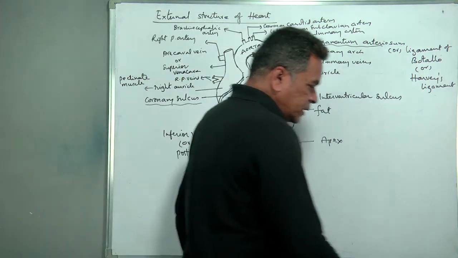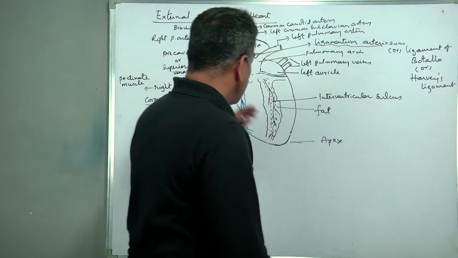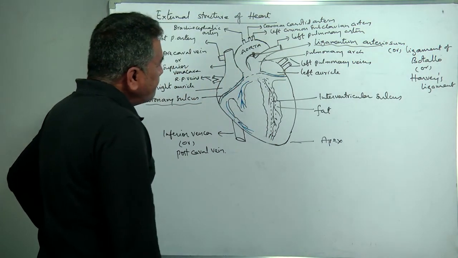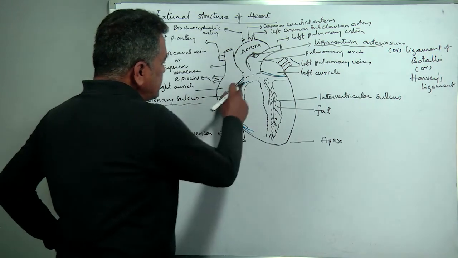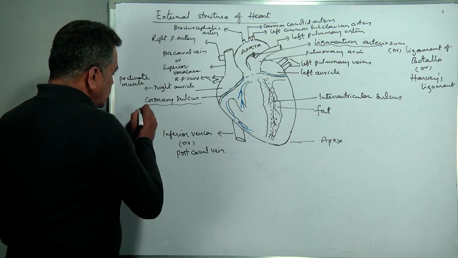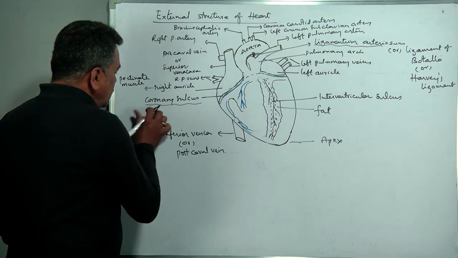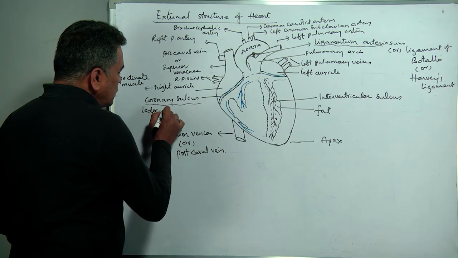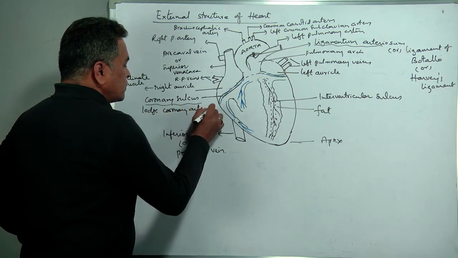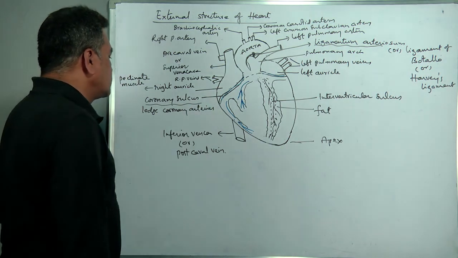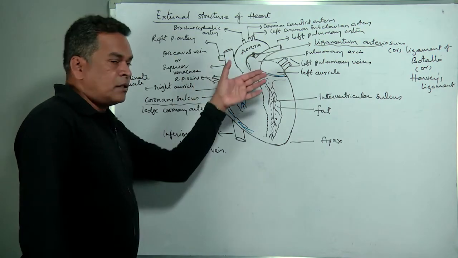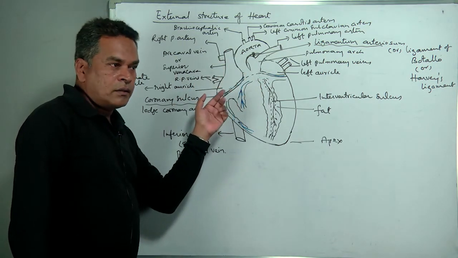Now we'll talk about the internal structure of the heart. The coronary sulcus is a transverse groove which lodges the coronary arteries. And towards the posterior part of the heart, you find the coronary sinus.